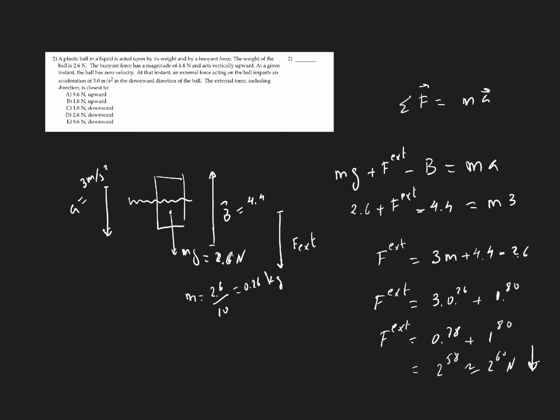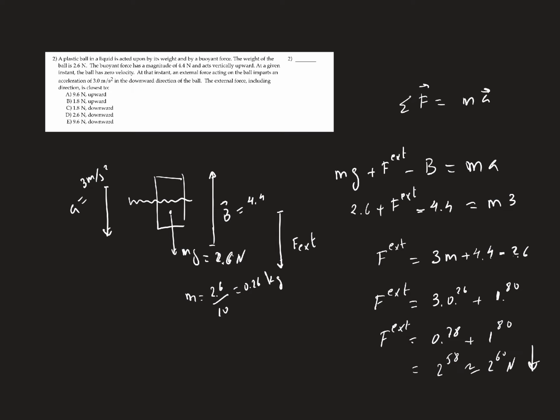Now let's go to solve this second question. It says a plastic ball in a liquid is acted upon by its weight and by a buoyant force. So it's a force that's going up. You know that this force exists when you try to submerge a body in water.